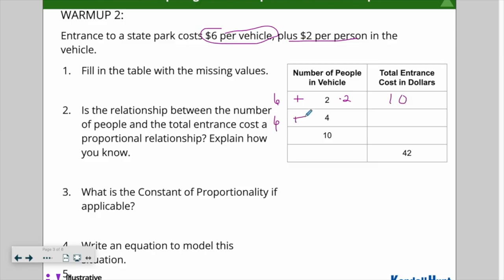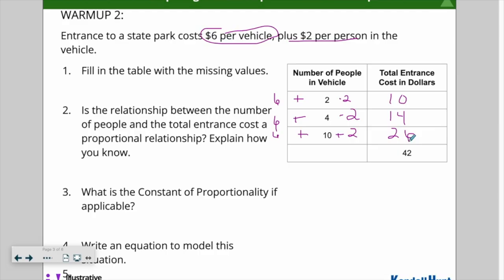6 plus my 4 people at $2 each, so that's $8 plus $6 gives me $14 total. $6 for the vehicle plus $2 for each of the 10 people in the vehicle, probably a very big vehicle, so that's $20 for the people, plus $6 for the vehicle is $26.